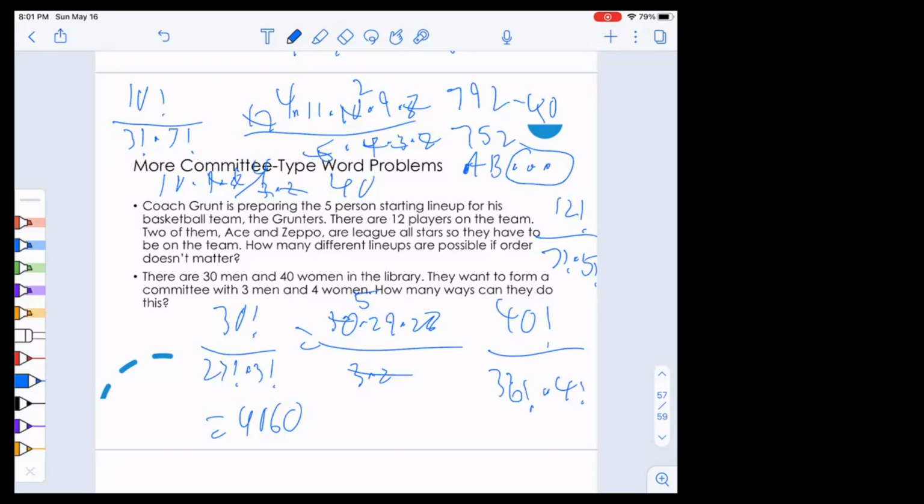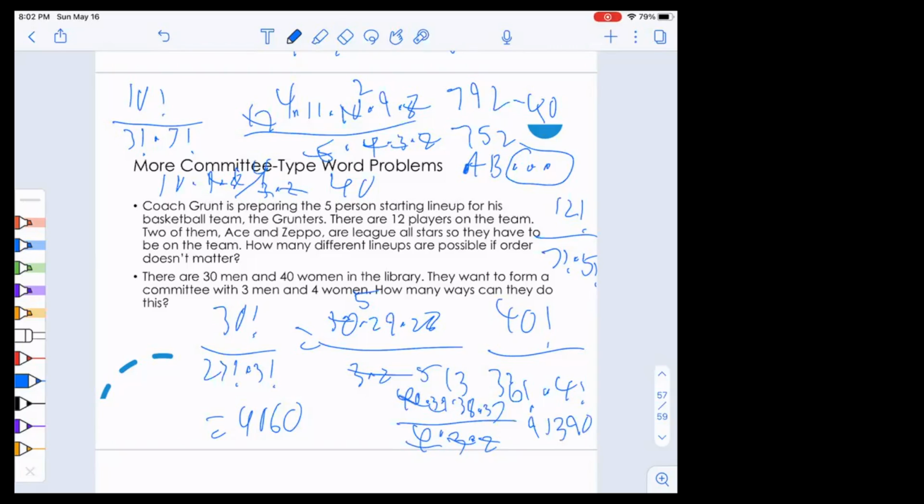We're going to get 40 times 39 times 38 times 37 over 4 times 3 times 2, which is 91,390.